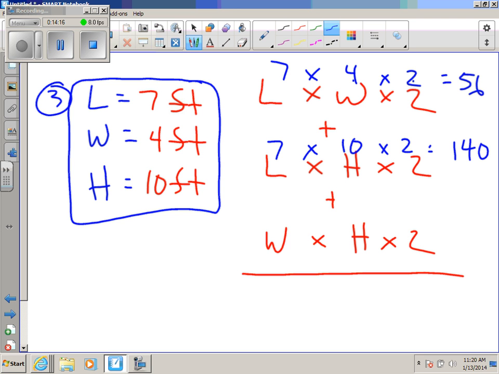And then W times H times 2, 40 times 2 is 80. Add them up. 276.